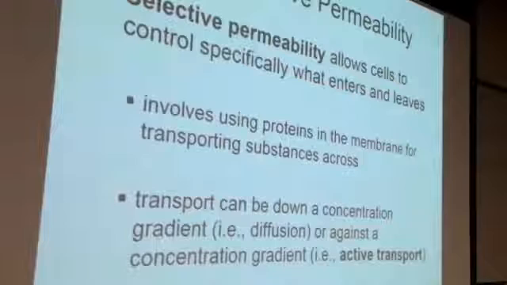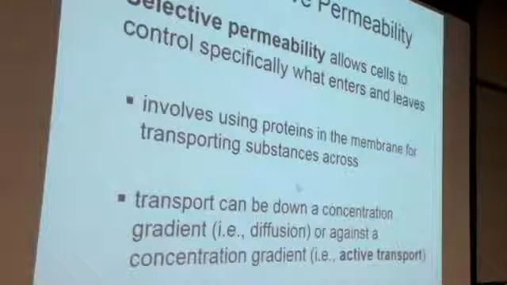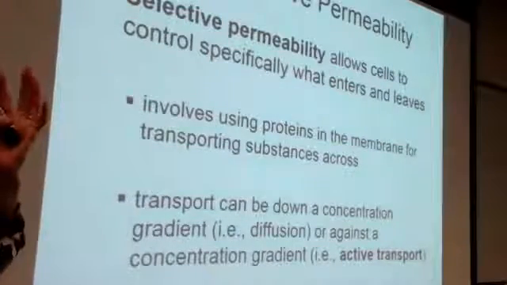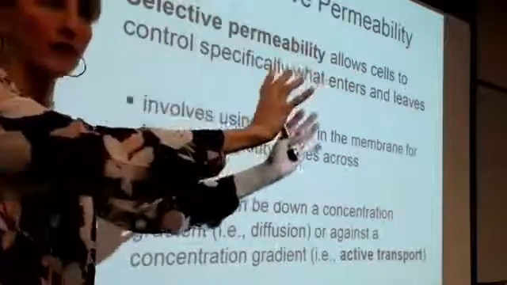Protein pumps, because if you look at what it says right here, it's going against the concentration gradient, or you could say going up a concentration gradient. Because of that, these pumps are trying to pump some substance all to one side.